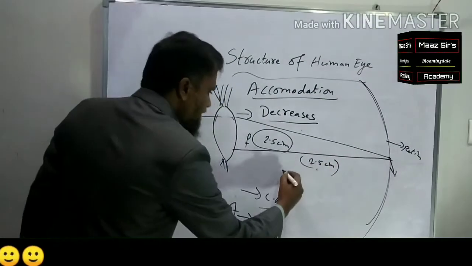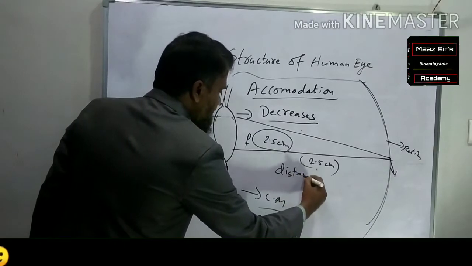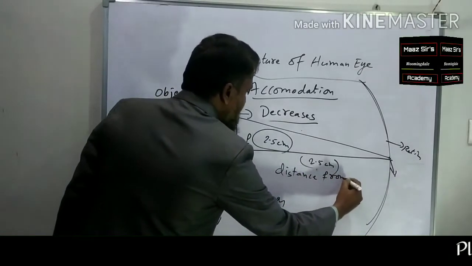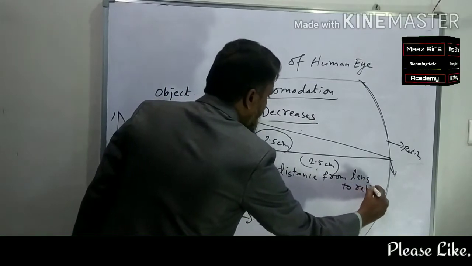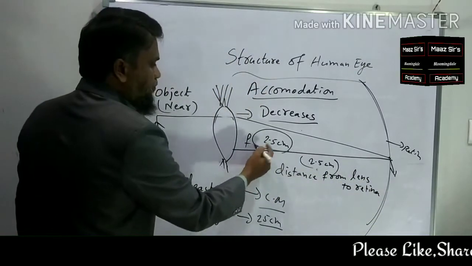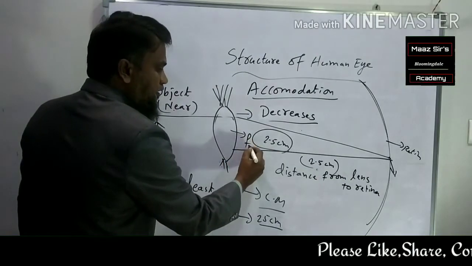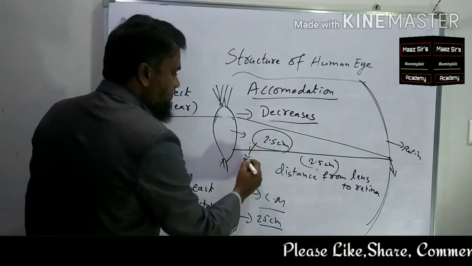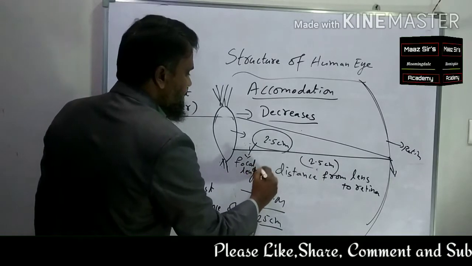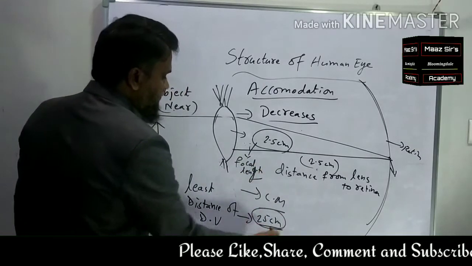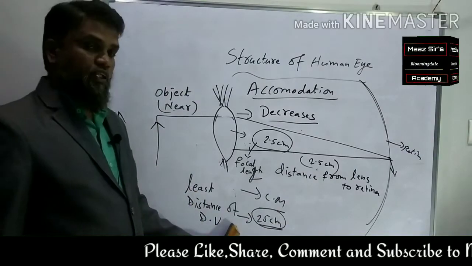So this is the distance from lens to retina. And what is this 2.5? This is the focal length. And what is the value of least distance of distinct vision?